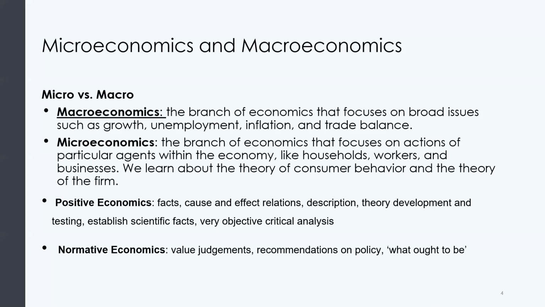So it deals with the theory of the decisions that are being made by one consumer or a small group of consumers, or the decisions that are being made by one company or a small group of companies. So that's what microeconomics is all about. It focuses on the smaller parts of the economy, right?